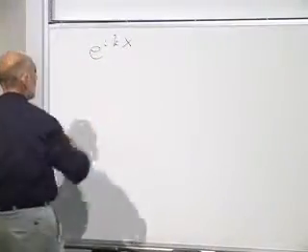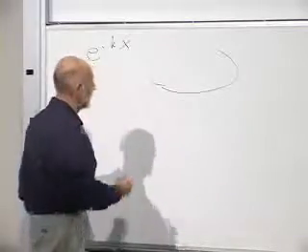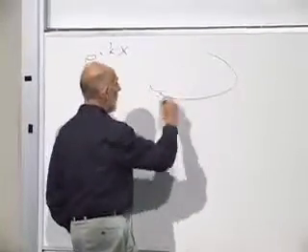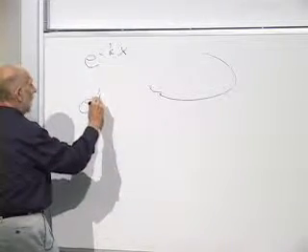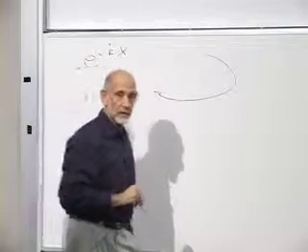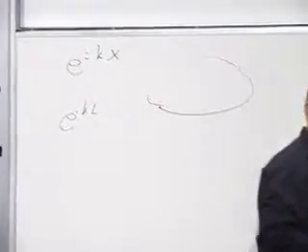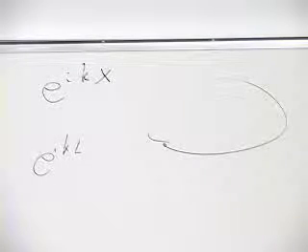So if we say that x, in going all the way around, I said I wouldn't draw it, but I did, the distance around is L, then e to the i k L must be what? It's got to be 1.